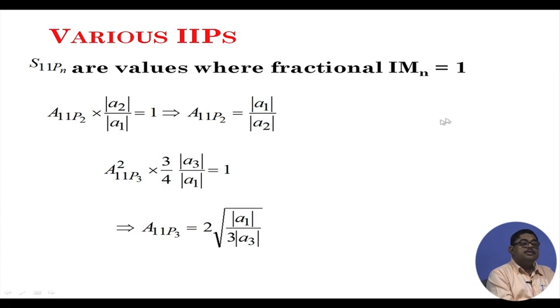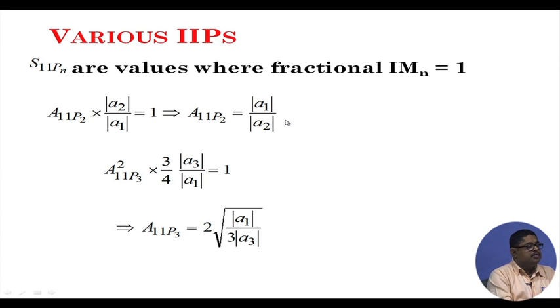At the intercept points they are becoming equal, so at that point fractional IM means 1. I can do that because we have already done the intermodulation analysis.